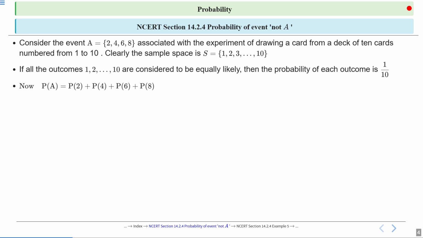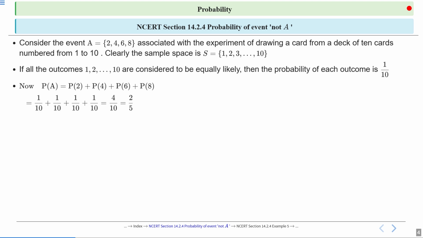Since the probability of each outcome is 1 by 10, the probability of A is 1 by 10 plus 1 by 10 plus 1 by 10 plus 1 by 10, which is 4 by 10.